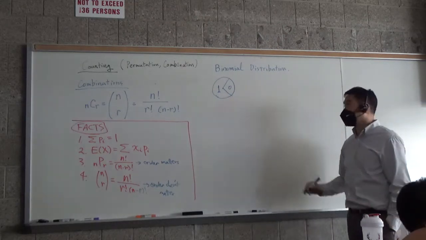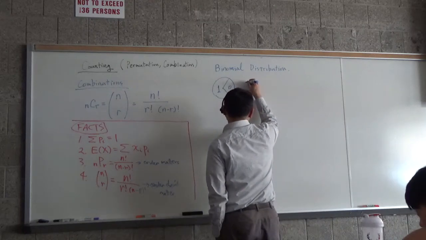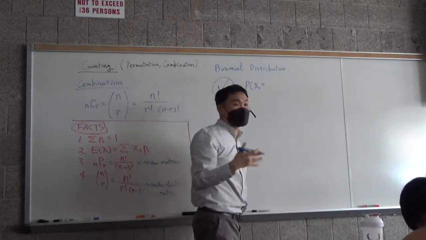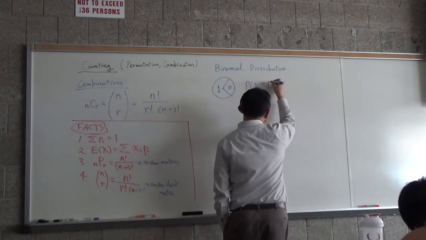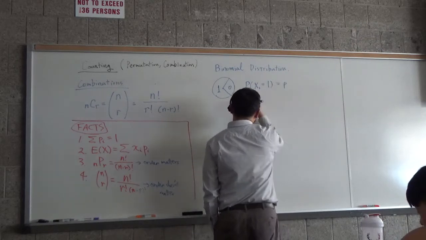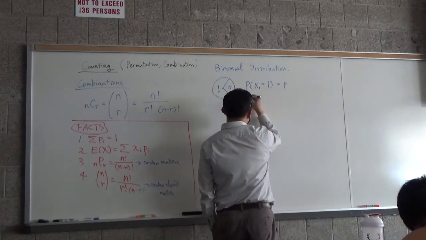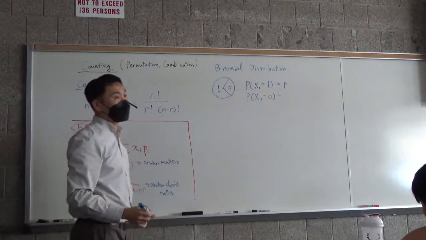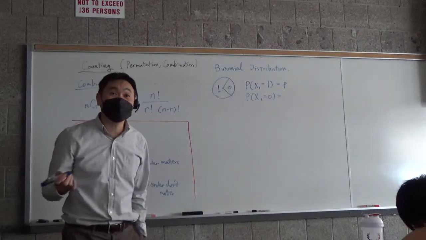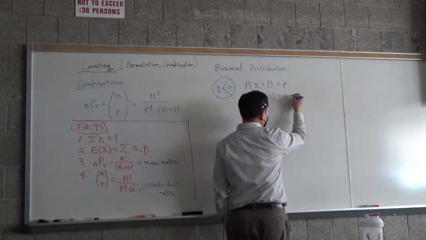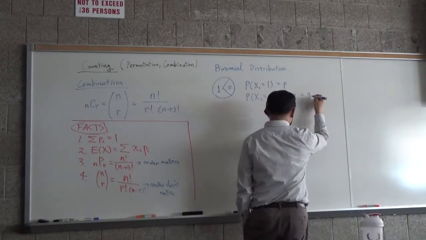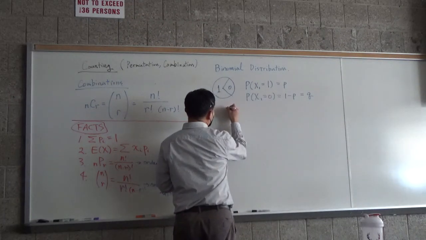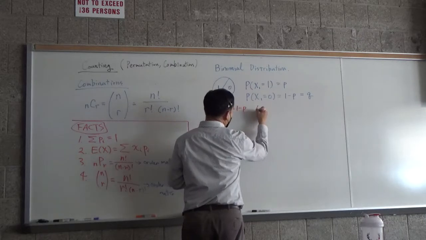If I say the probability of x1, the first spin, of getting a 1 is p, this is lowercase p, then what's the probability of getting a 0? 1 minus p, because the probabilities have to add up to 1. We're going to name this q. So q equals 1 minus p always.